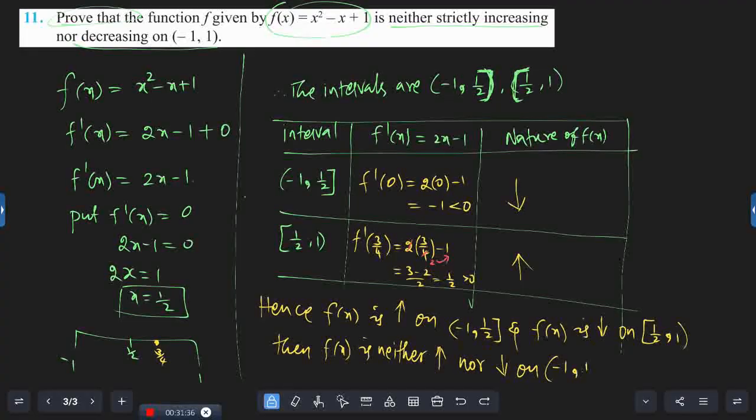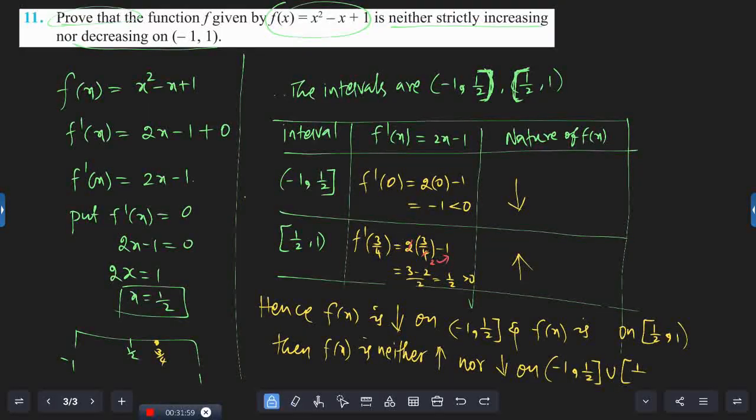Minus 1 comma 1 by 2 union, here decrease. Very good. Here, minus 1 comma 1 by 2, decreasing. Then what about here?